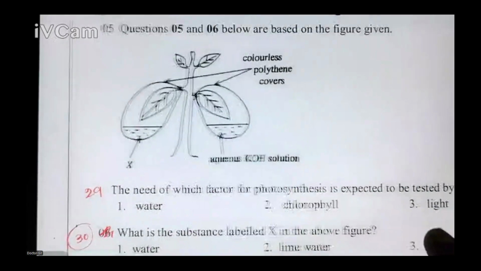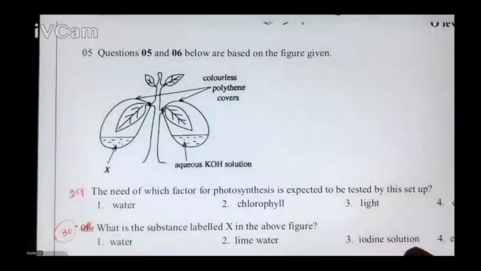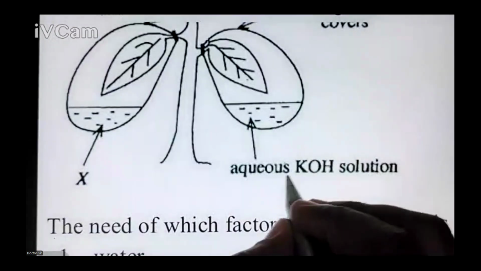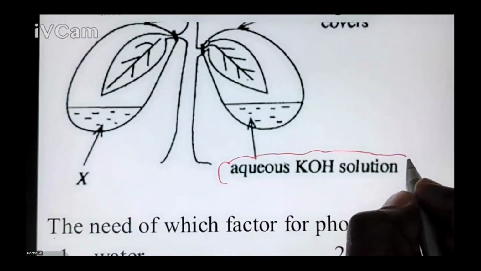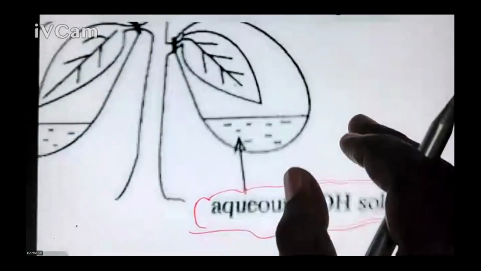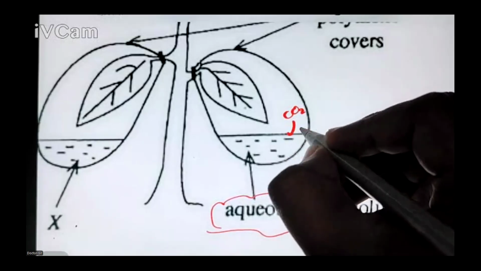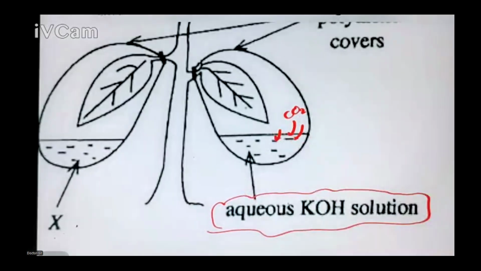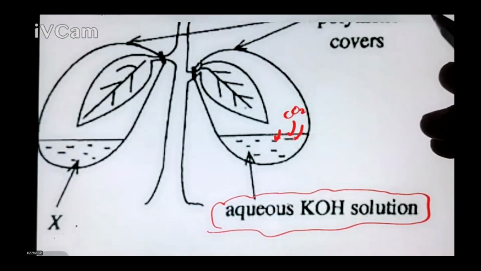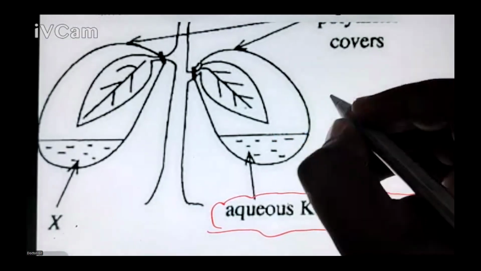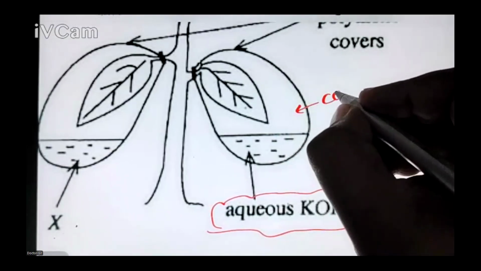Right, now the first one, the aqueous KOH, what is it doing? The aqueous KOH will absorb all the carbon dioxide into the solution. So ultimately there will be no CO2 in this chamber.